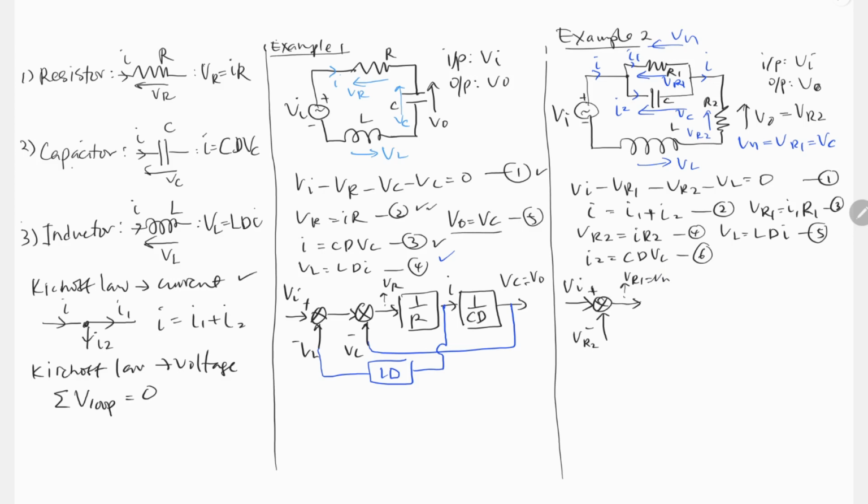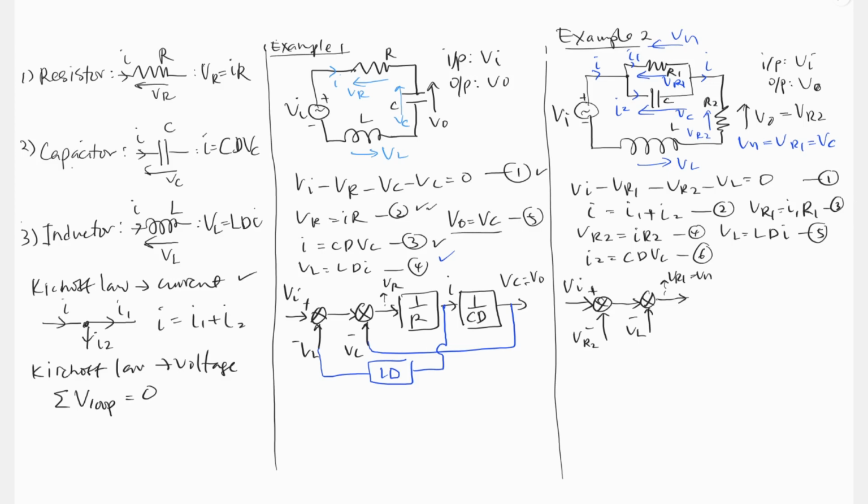Sorry, this should be minus VL. So the output here is VR1, or Vn. So that is from equation number 1.